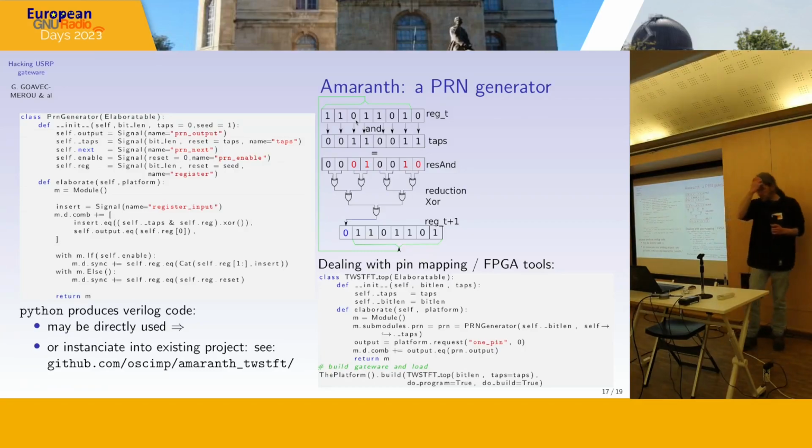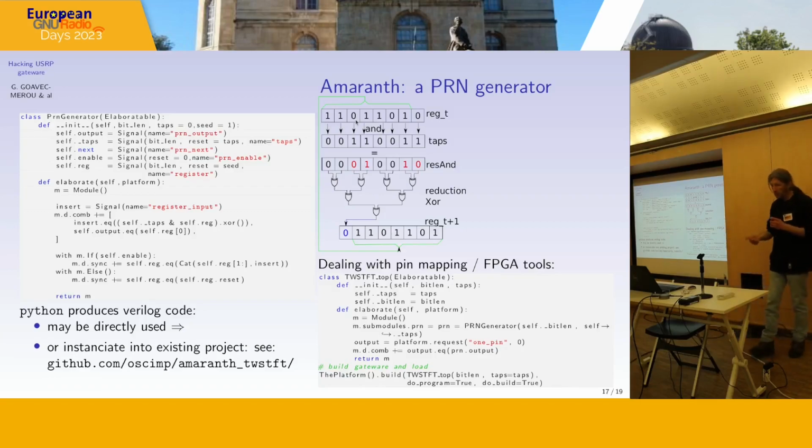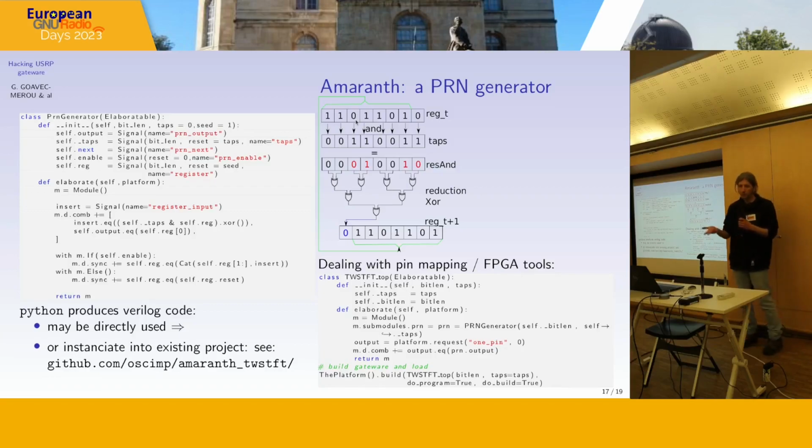Of course, this code may directly generate Verilog. This Verilog may be used, for example, with USRP, or this code may be used directly by another block, another class, and the platform to directly generate the Verilog, generate the project file, start, synthesize, place, route, generate the bitstream, and load the bitstream into the FPGA.